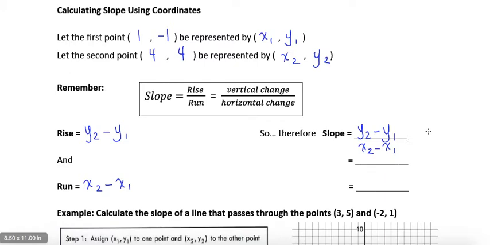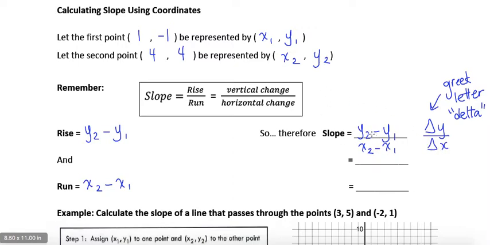You may also see this written as delta y over delta x, where delta is a Greek letter, and that just refers to the difference. So sometimes you'll see it written like this. Know that that's the same as this. So y2 minus y1 over x2 minus x1 is the same as delta y over delta x.